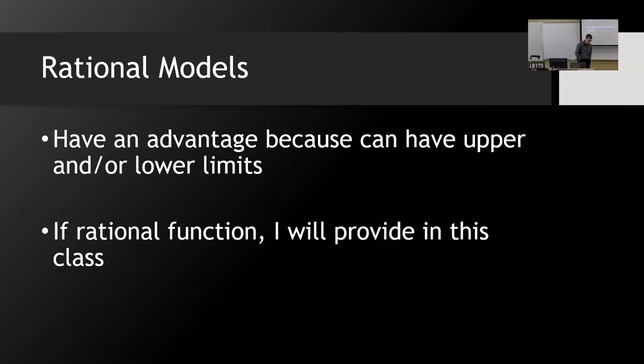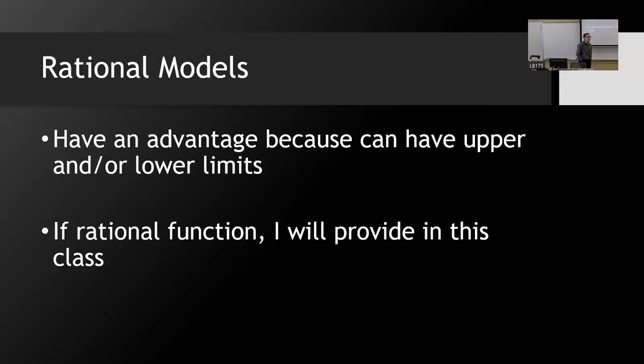In mathematics, a lot of times rational models in general can have upper and lower limits. And that gives a sort of bounds. So imagine I was using the last problem and I said, well, I will sell pallets of food and I'll give you a discount for ordering more.